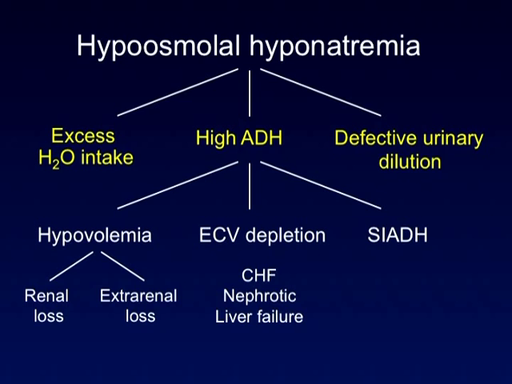The primary polydipsic patient will be somebody with a very low urine osmolality. The kidney is trying to get rid of as much water as possible, but it's even exceeding the kidney's ability to secrete maximally dilute urine. All of these other causes, the high ADH, are going to be associated with high urine osmolality. So that's the difference to keep in mind.